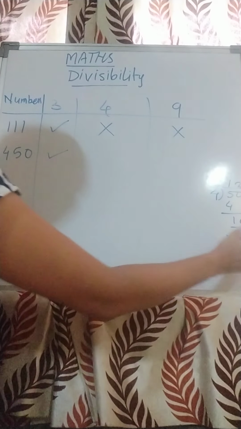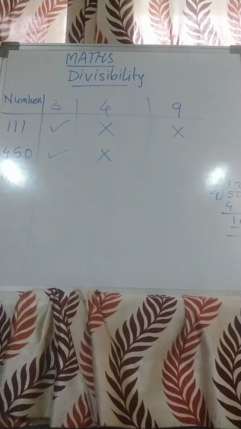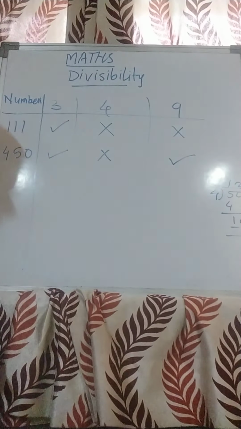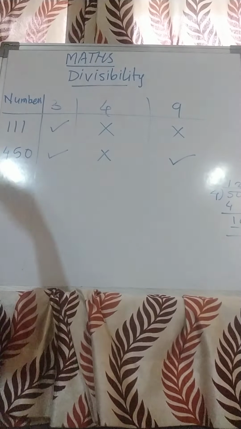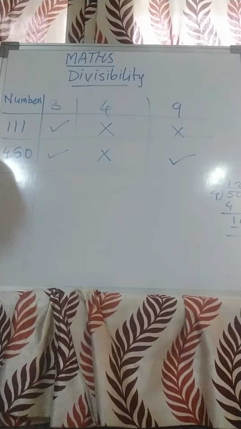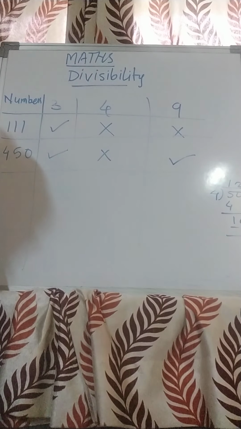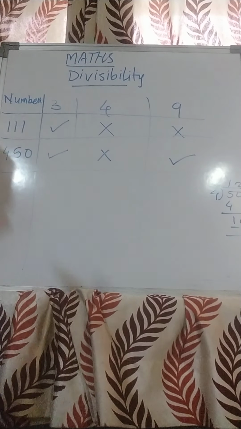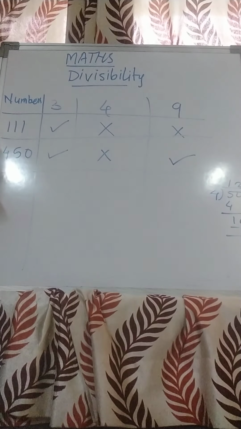It cannot divide, so here cross. 4 plus 5, 9. 9 can divide by 9, so here tick. Understand? In this way, you write all the numbers one by one. See how many numbers are there? 1, 2, 3, up to 16. So write these 16 numbers one by one. Make this type of column and put tick or cross accordingly.